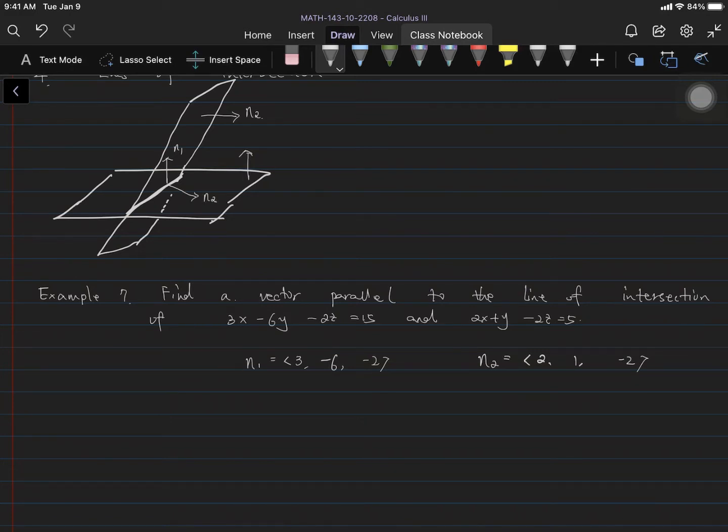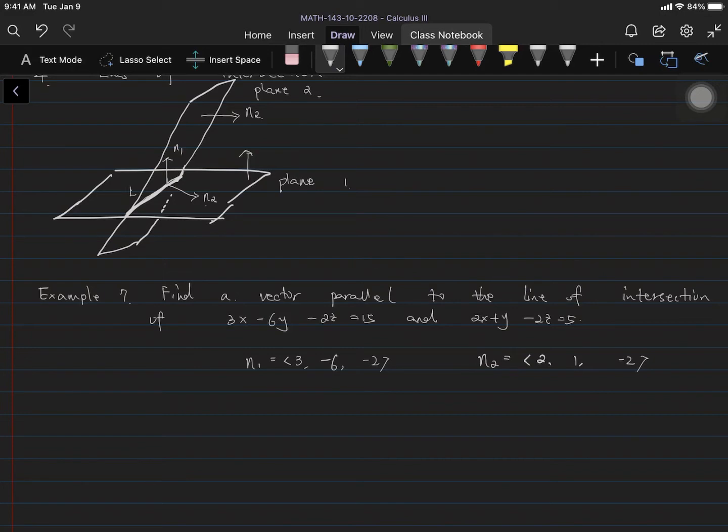Because N1 is perpendicular to the plane, we can say this is plane 1, and this is plane 2. So N1 is perpendicular to the plane, so N1 should be perpendicular to the line of intersection, right? And N2 is perpendicular to plane 2, and because L is the intersection of those two planes, L is also in plane 2.